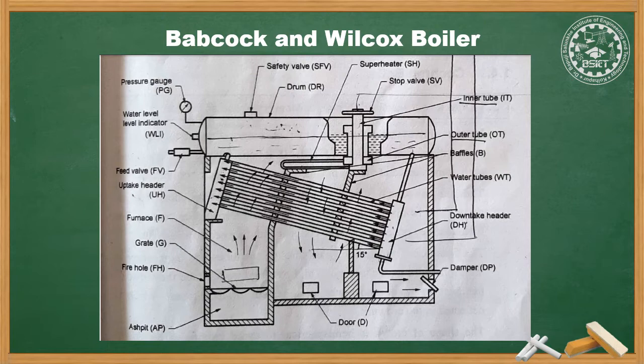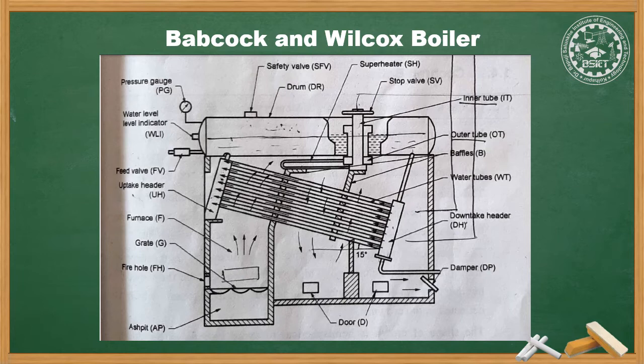The principle of the Babcock and Wilcox boiler is the principle of thermosiphon. That is, as the water is heated, the density decreases and it flows upwards. The heated water flows upward and the steam generated is stored in the steam space of the drum.